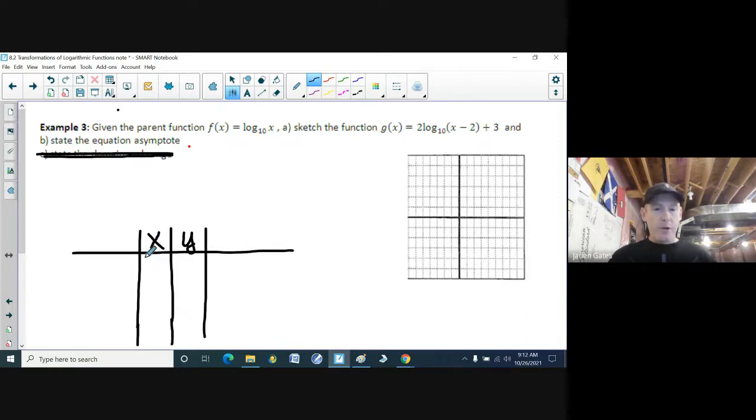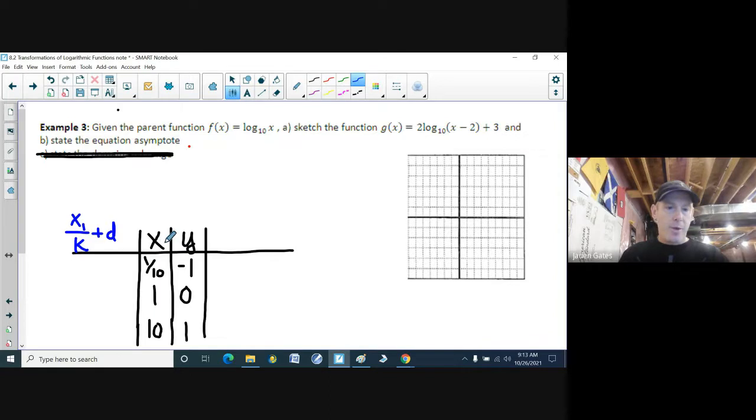Now, again, I'm using the x values of 1/10, 1, and 10. These are my original points because I'm going to get y values of -1, 0, and 1. Now, what we're going to revert back to is our original transformation equations, where we had x1 over k, plus d.